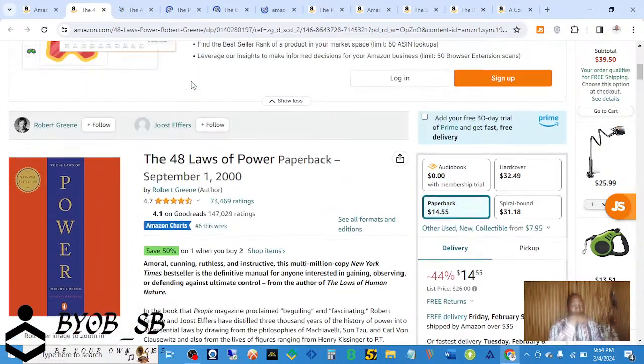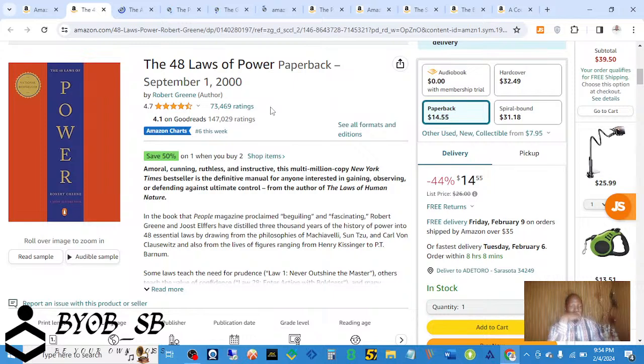Now let me start from this book. If you see, this book has 73 thousand reviews. And there is one thing about the Amazon platform.